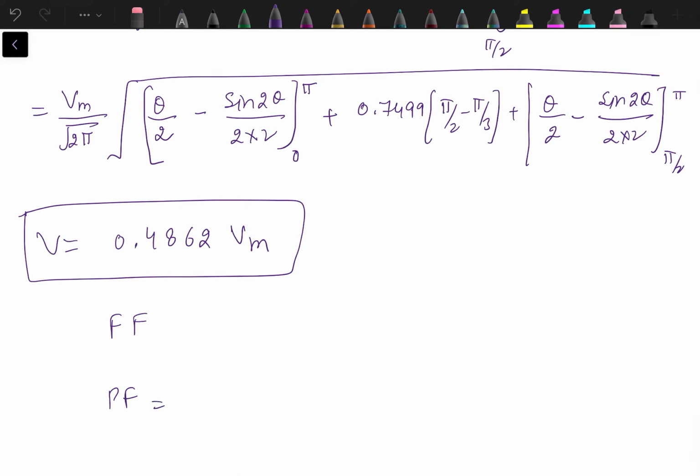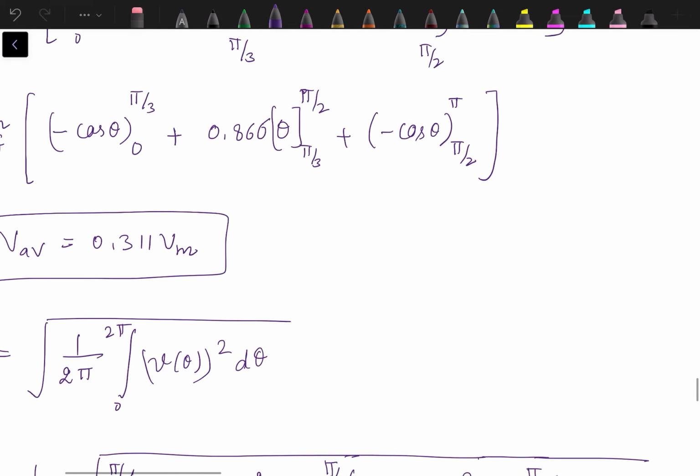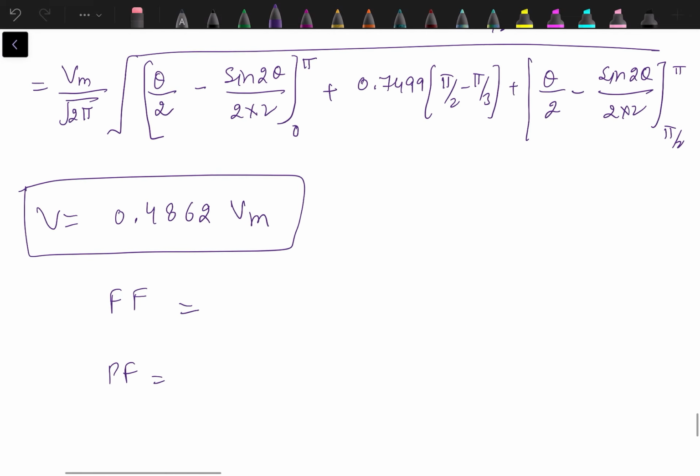Thereby you can calculate the form factor and peak factor. The form factor is ratio of RMS to average value. Average value we have calculated as 0.311 Vm, RMS value is 0.4862 Vm.